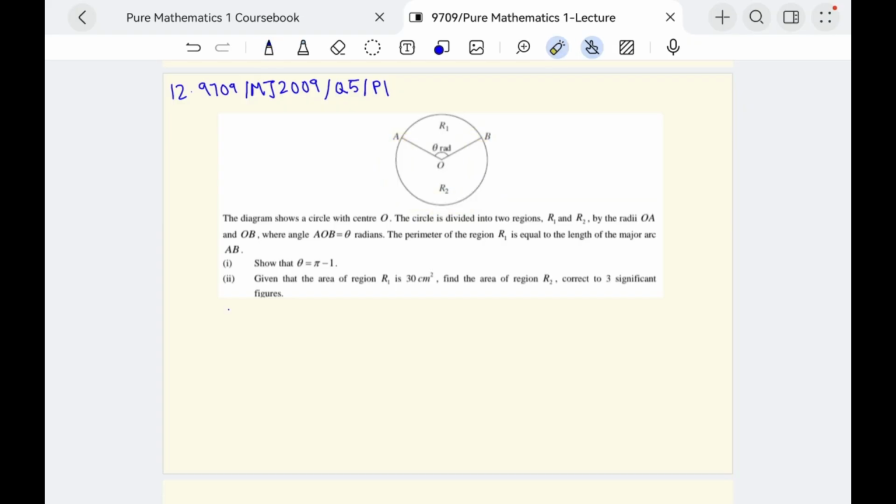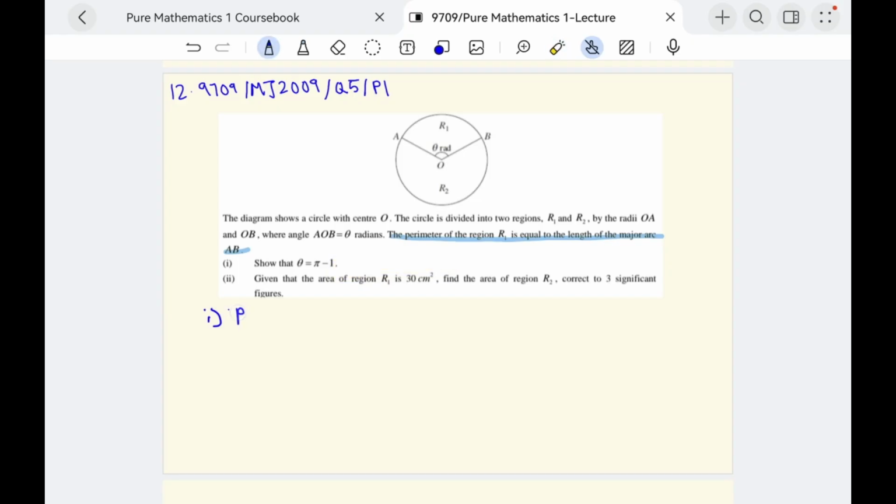So for part A, prove that theta equals pi minus 1. You have to use the information that I highlighted over here, use the relationships stated to obtain the answer in the question.